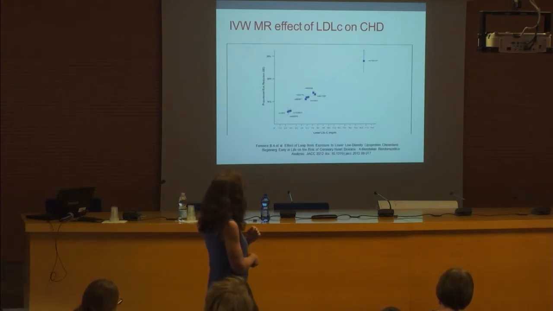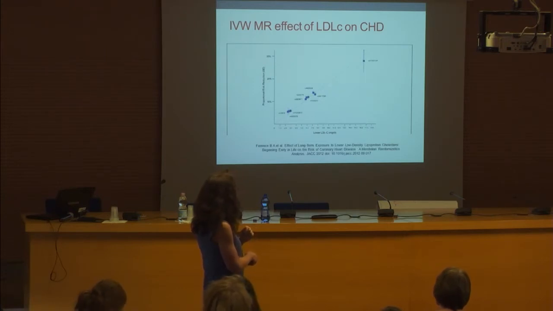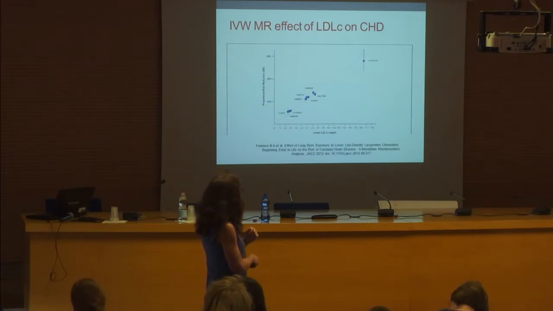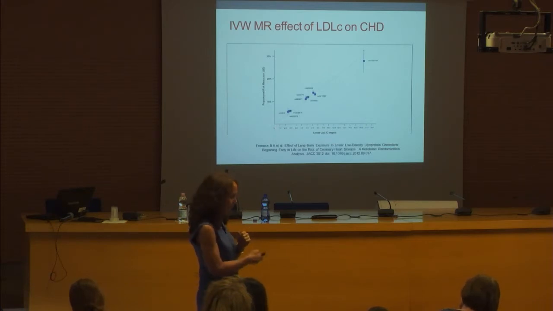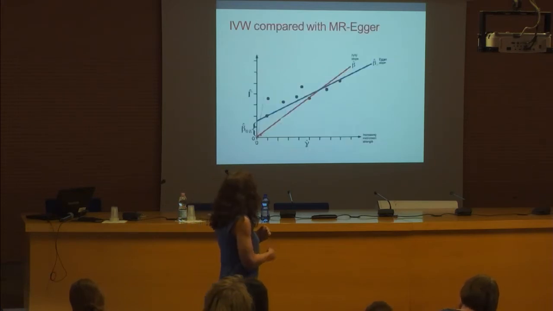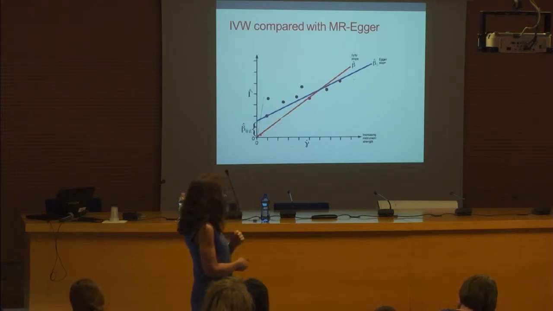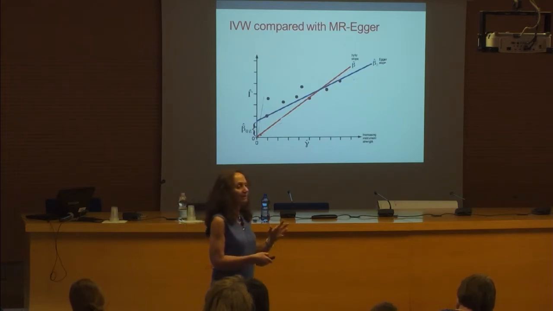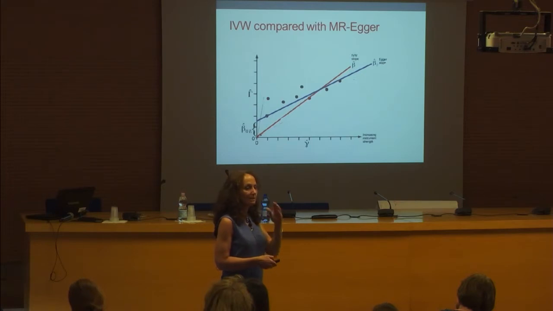It looks here, certainly for these, there's a sort of line around these ones down here, that going through the zero is not unreasonable. But this might change things a bit and make it not quite zero. And what MR-Egger does is exactly the same as an inverse variance weighted meta-analysis, makes them all orientate to a positive slope.